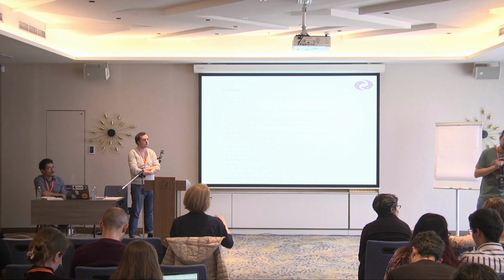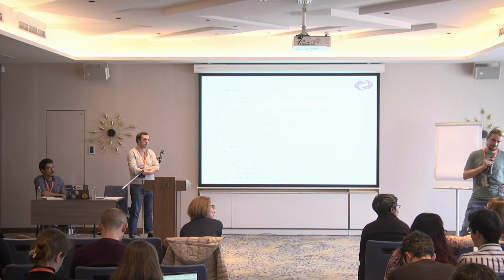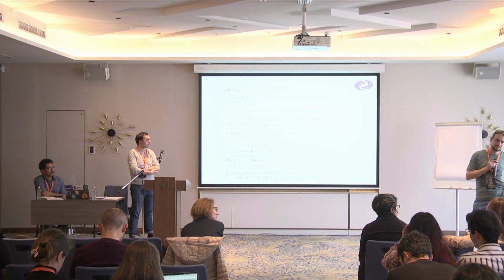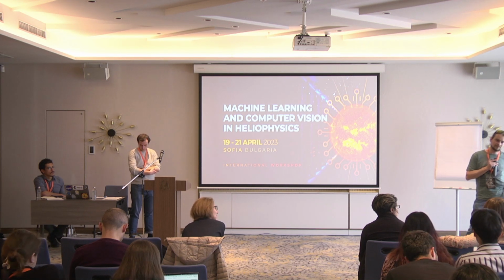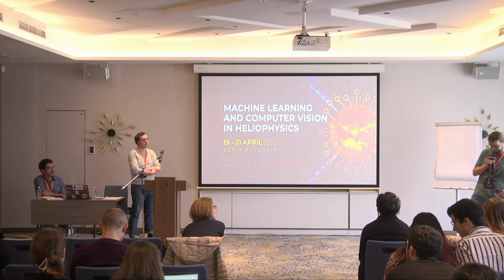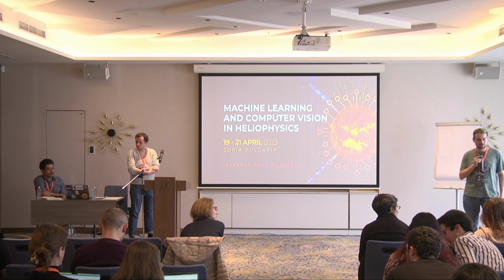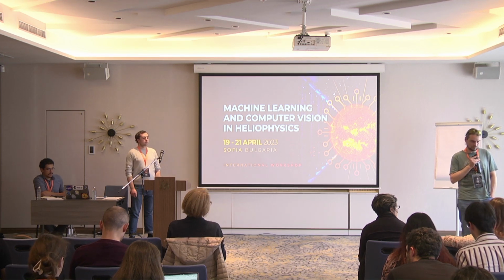You're resolving the shock, rather than saying there will be a shock or there will not be a shock. You're able to resolve which parts of it are going to be more pronounced and which parts are not. How corrugated the structure is, how much of a coherent structure it is, things like that. Okay.